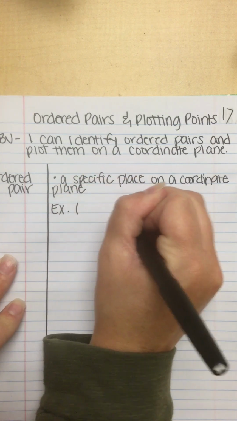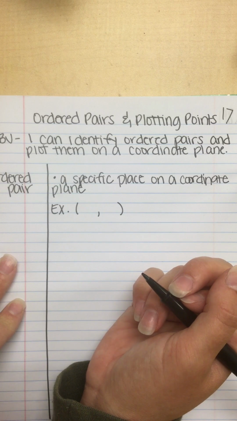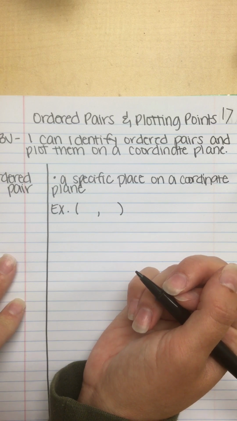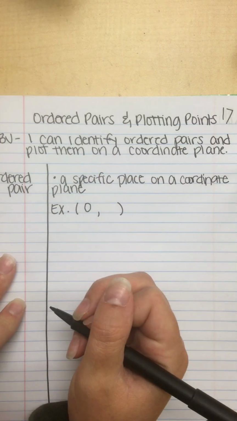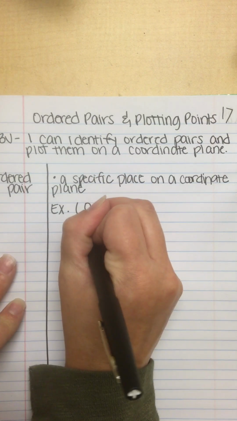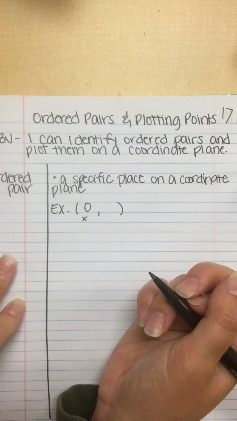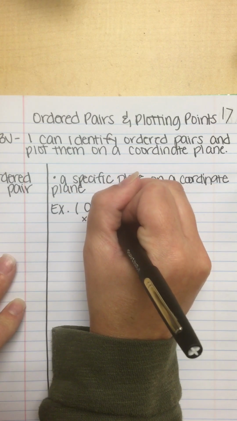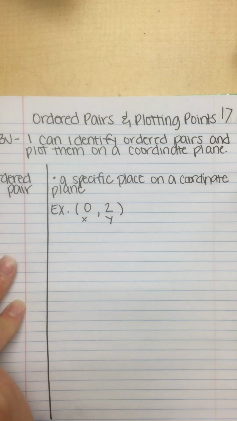So for an ordered pair, we have parentheses and a comma in between that separates them. And then we have a number that tells us where on the x-axis it needs to go. And then we have another number that tells us where on the y-axis it needs to go.